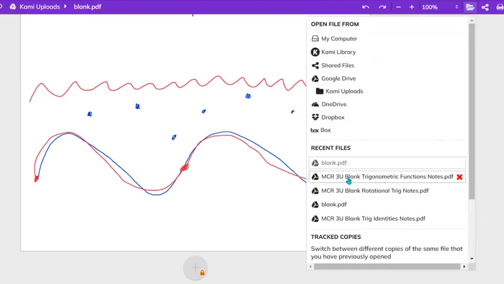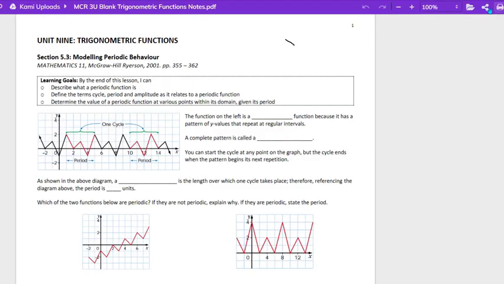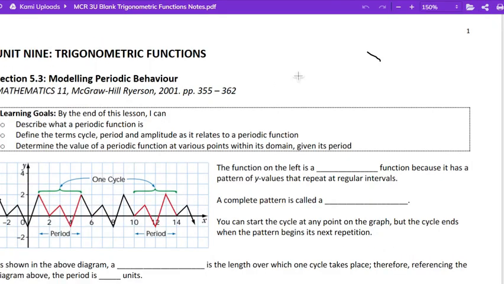All right. So let's take a look at this unit, which is called trigonometric functions. Okay. So we've had triangle trigonometry. We've had rotational trigonometry. We've had trigonometric identities.